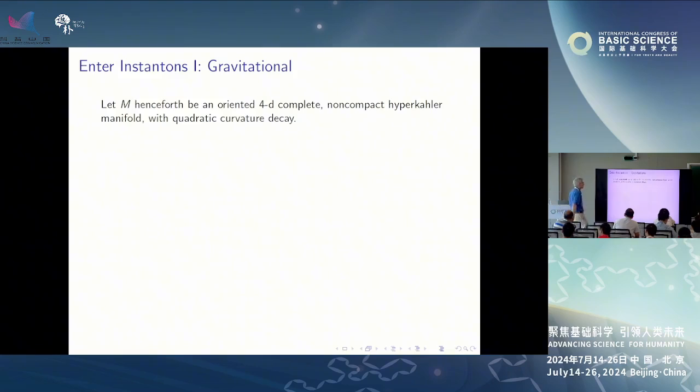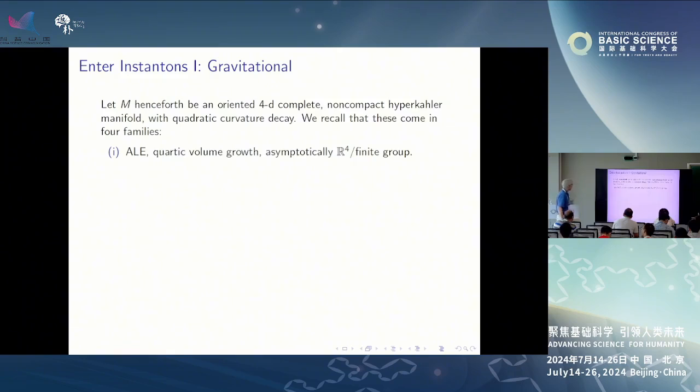And for those of you who haven't done much geometry yet, hyperkähler means you have a basis, if you like, of three different complex structures that interact the same way the unit quaternions i, j, and k do in terms of their actions.